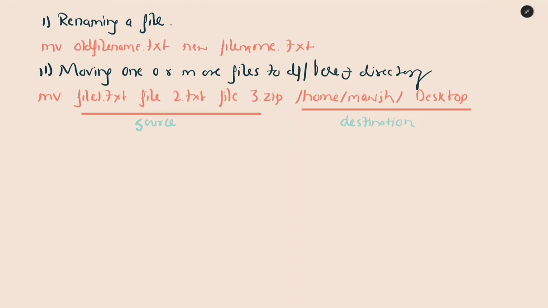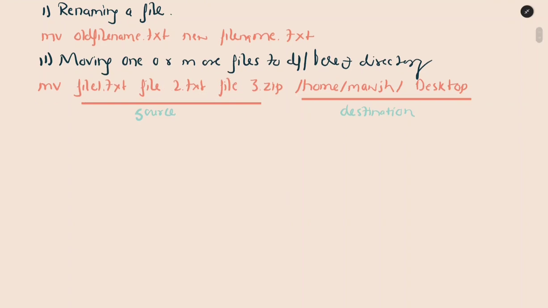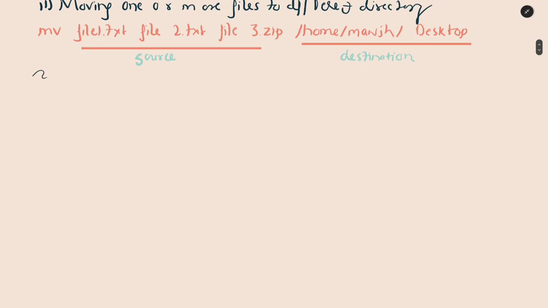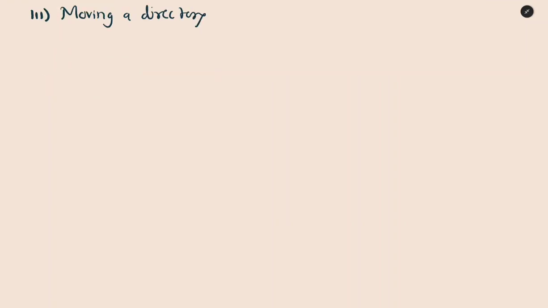Now let's see how to move a directory using the mv command. To move a directory, simply specify the name of the directory as a source and the path where you want to move it as a destination. For example, to move a directory, let's say any folder like new_folder, to a new location called /home/manish.